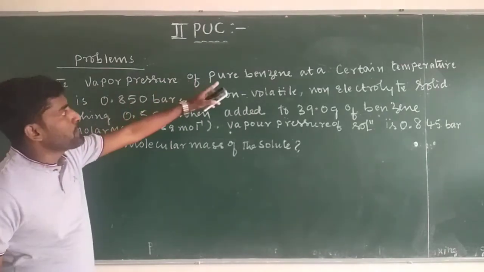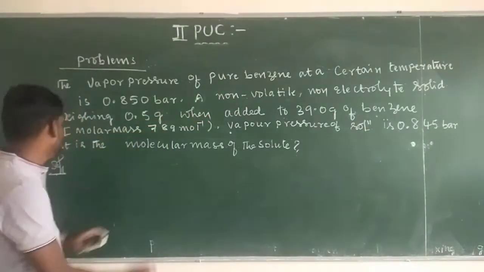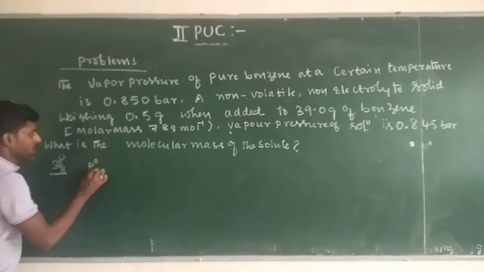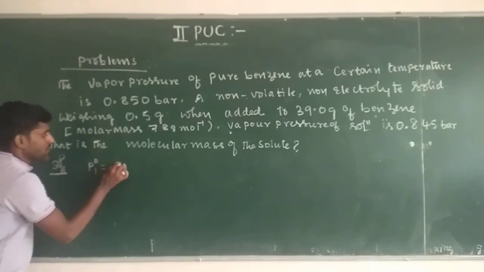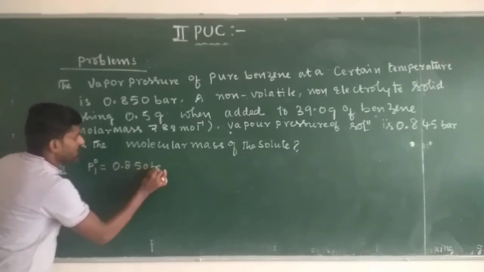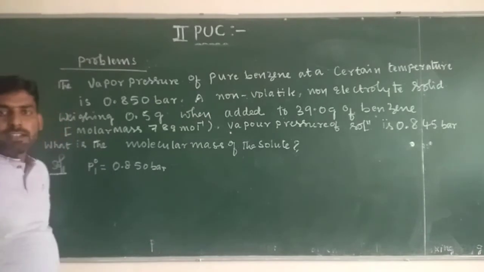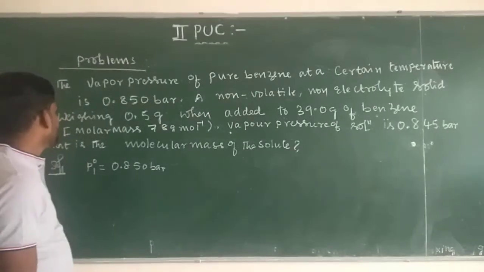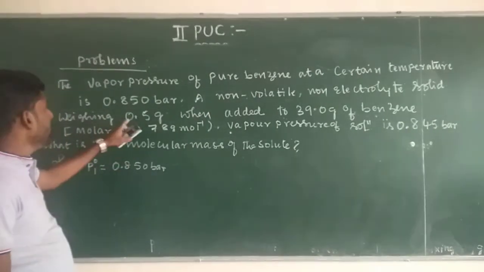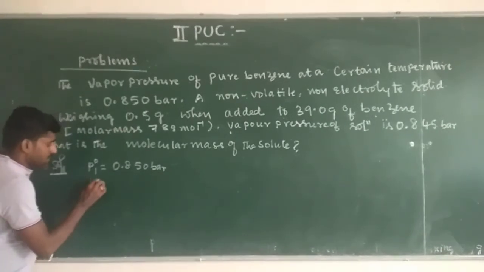The vapor pressure of pure benzene. So it is a solvent, pure solvent. Then they are given P01 as 0.850 bar, and a non-volatile, non-electrolyte solid weighing 0.5 gram, nothing but the mass of solute.